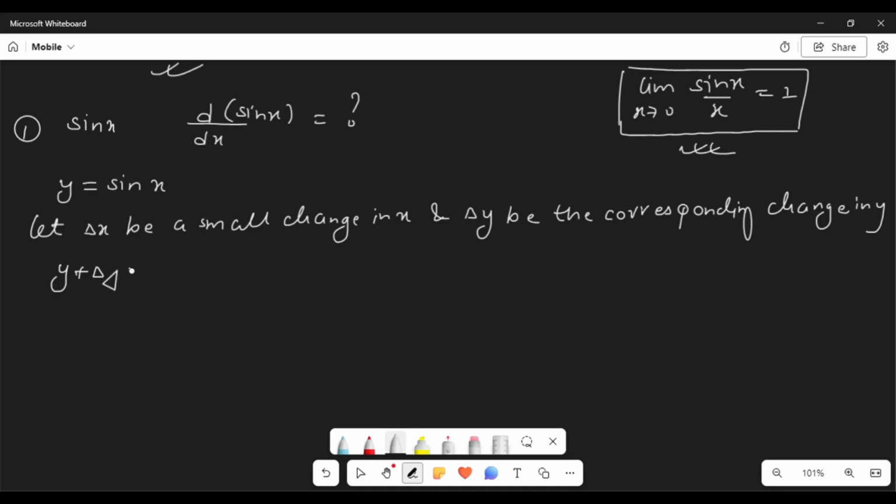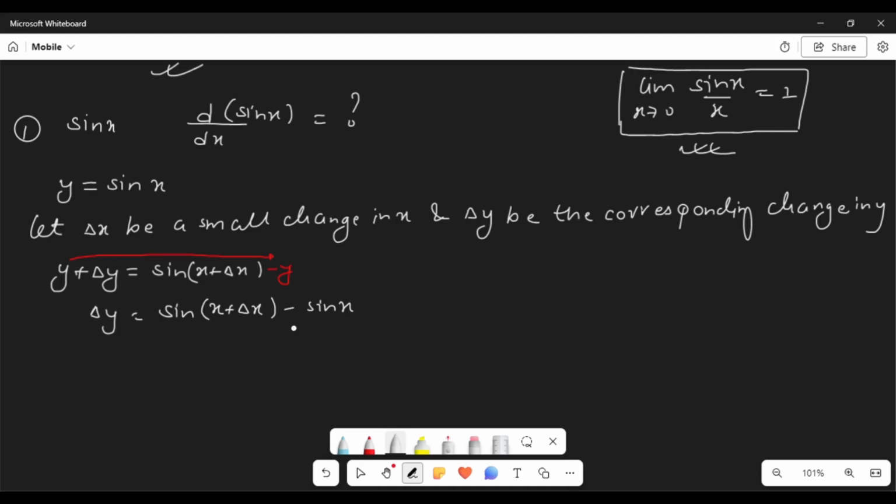y plus del y will be sin, we place x plus del x in terms of x. So here we take out our y and move it to this side, so it becomes minus y. Therefore, del y will become sin x plus del x minus sin x.